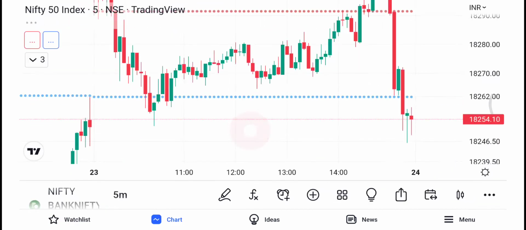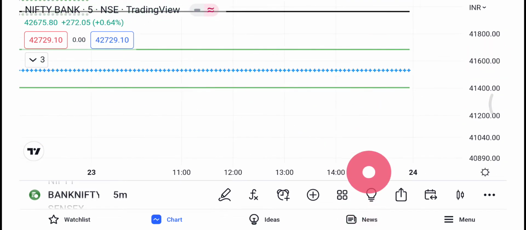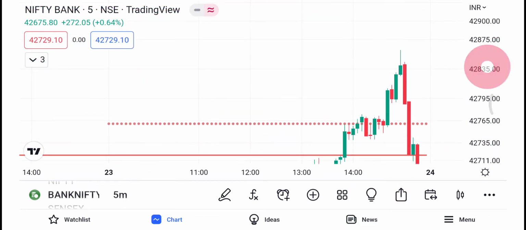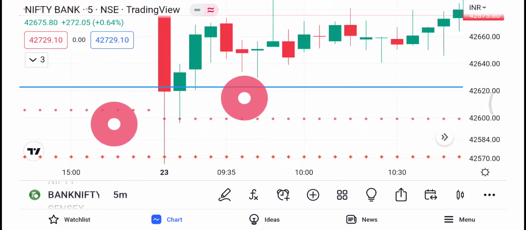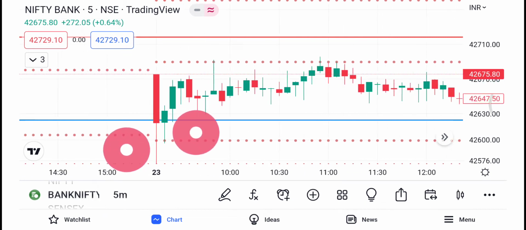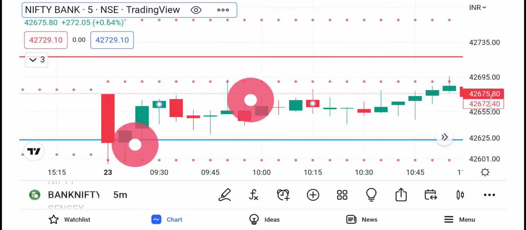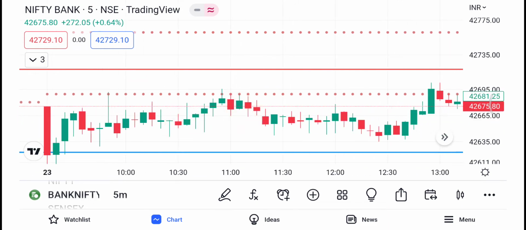Even though the Bank Nifty was looking bullish, it also crashed. Initially I went long, as I was thinking this weekly high would act as a support. So that is the reason I went long and I booked my profit here, and again I went short. Means I thought the candles were facing resistance.